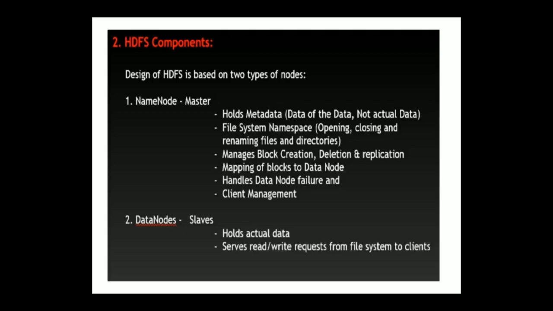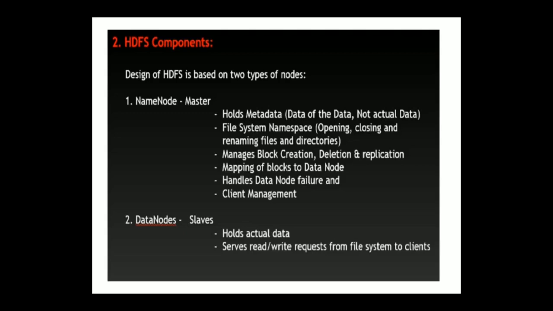Now what do data nodes actually do? Data nodes hold the data, and whatever responsibility is given by the client, they work on the actual data. They serve read or write requests from the file system to clients.